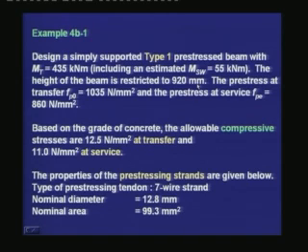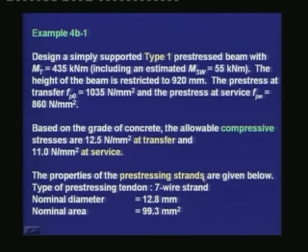The prestress at transfer f_p0 is 1035 Newton per millimeter square, and the prestress at service f_pe is 860 Newton per millimeter square. Based on the grade of concrete, the allowable compressive stresses are 12.5 Newton per millimeter square at transfer and 11.0 Newton per millimeter square at service.